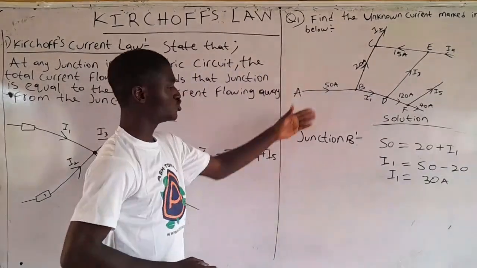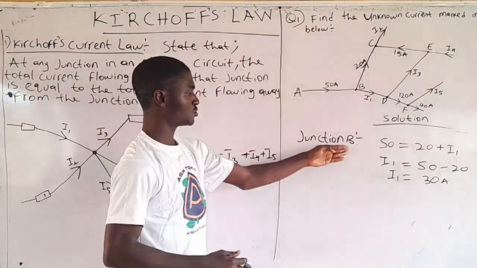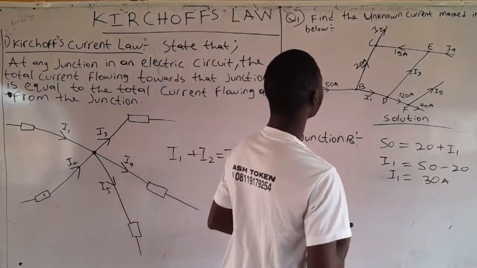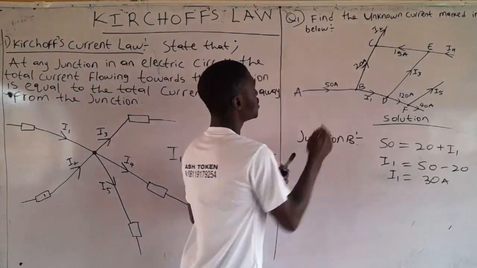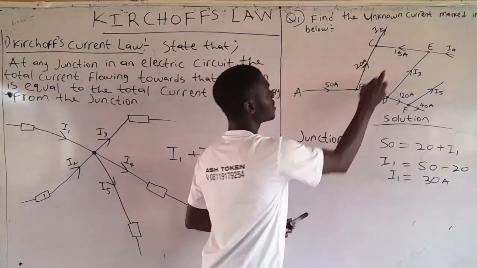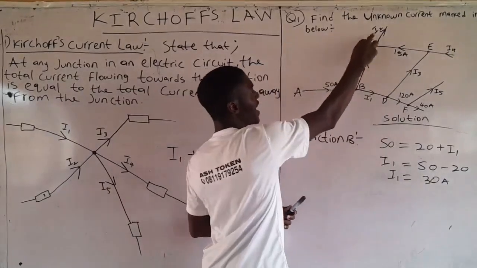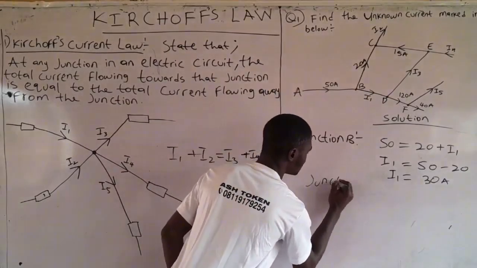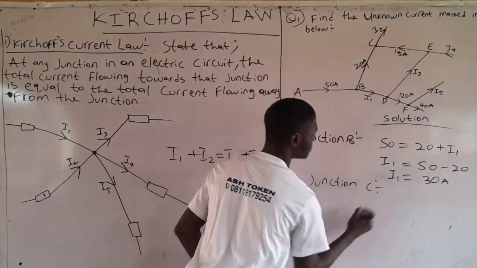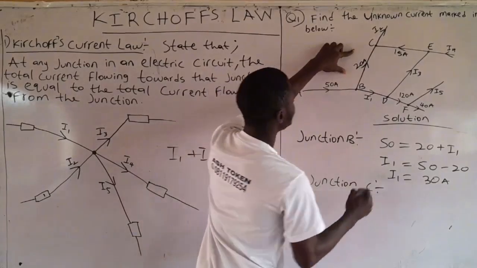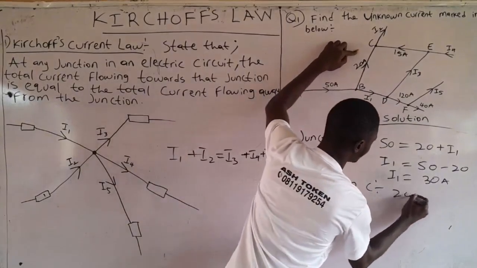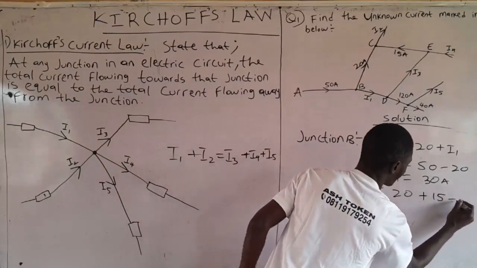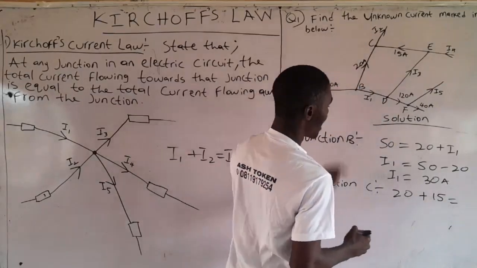Now move on to junction C. For junction C, we have 20 amperes entering the junction, 15 amperes entering the junction, while I2 is leaving the junction. So we say for junction C, 20 plus 15 entering is equal to I2, which is leaving.